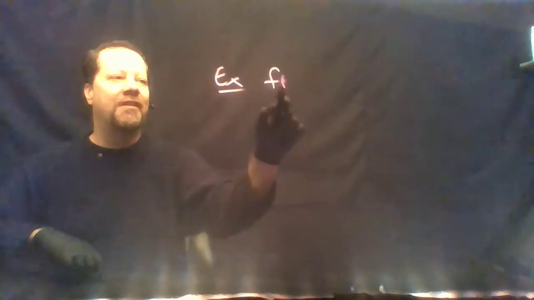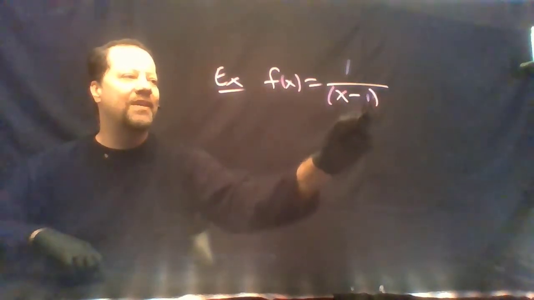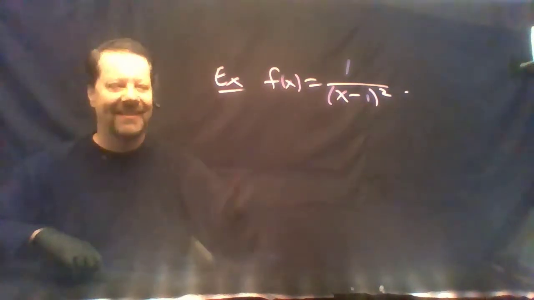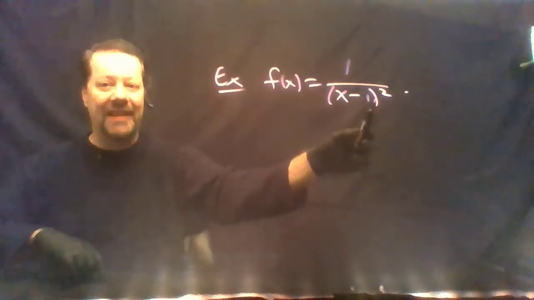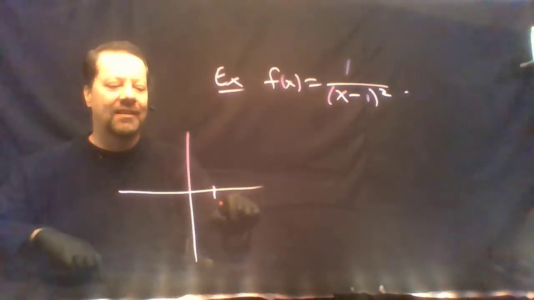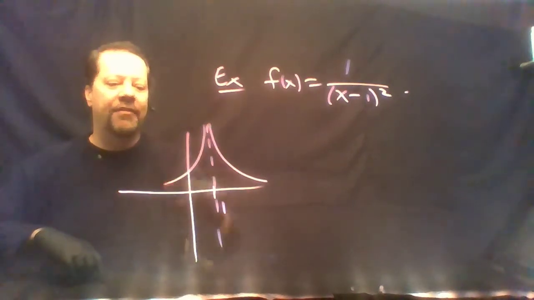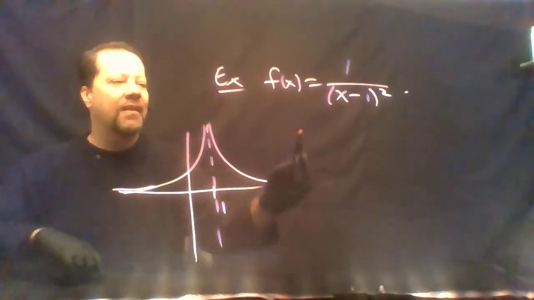As a simple variant, let's consider 1 over the quantity x minus 1 squared. This function can't put out negative values, it must be non-negative values only. So at 1, yes, you'll get blow up, but in the positive direction on both sides.